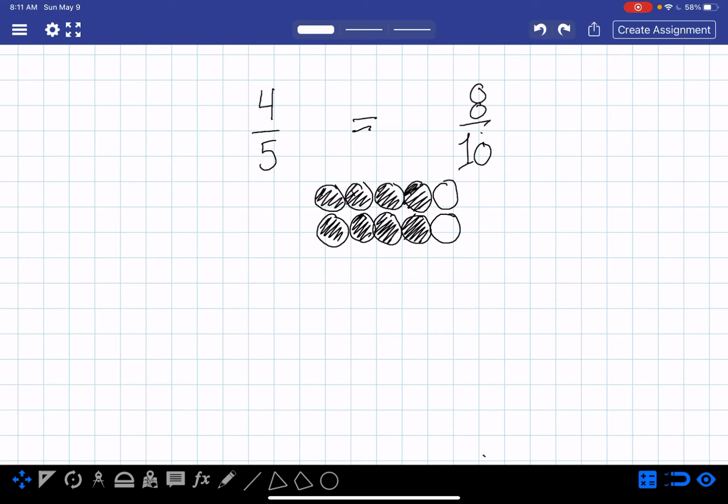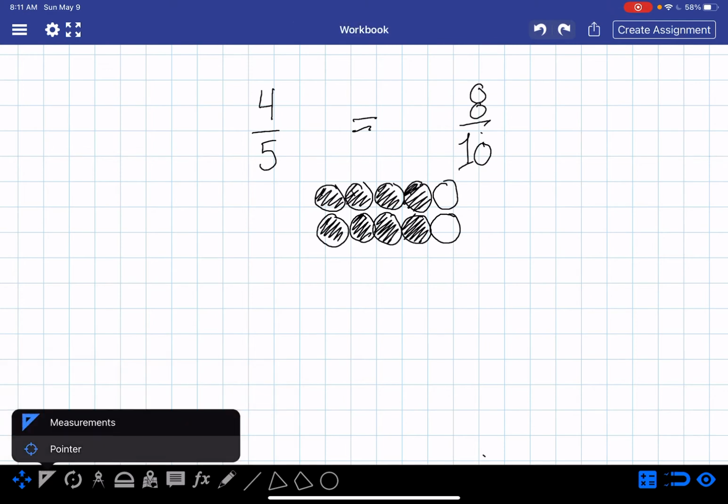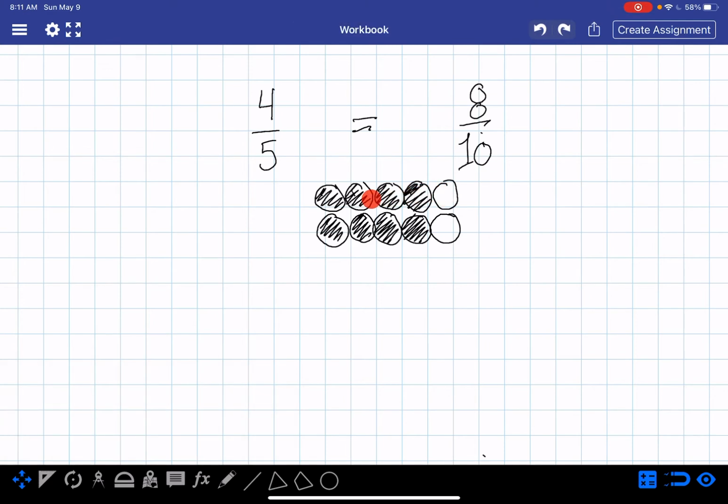So all of a sudden we have 8 tenths, right? To explain why, there's 10 counters, and of those 10 counters, 8 are in color. It's 8 tenths. Now we're going to make 5 groups.